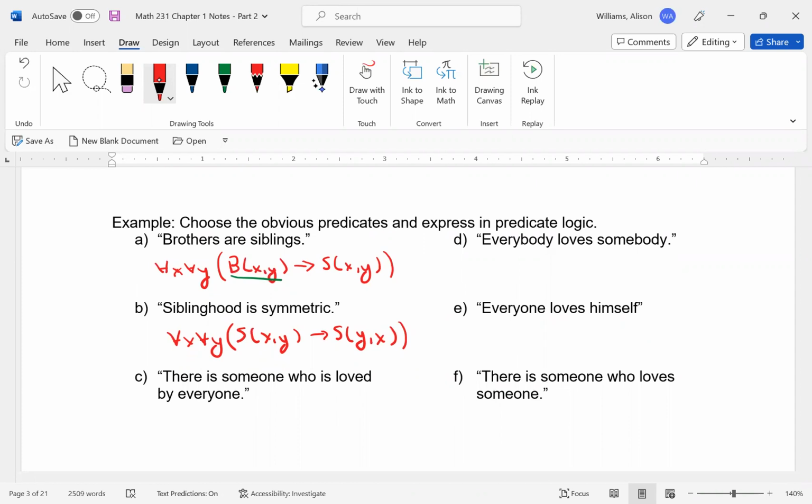The way we want to write this is there exists a person out there that everybody else is going to love. That's what that statement says. Everybody loves somebody. Now this is saying that for every person out there, there exists someone that they love.